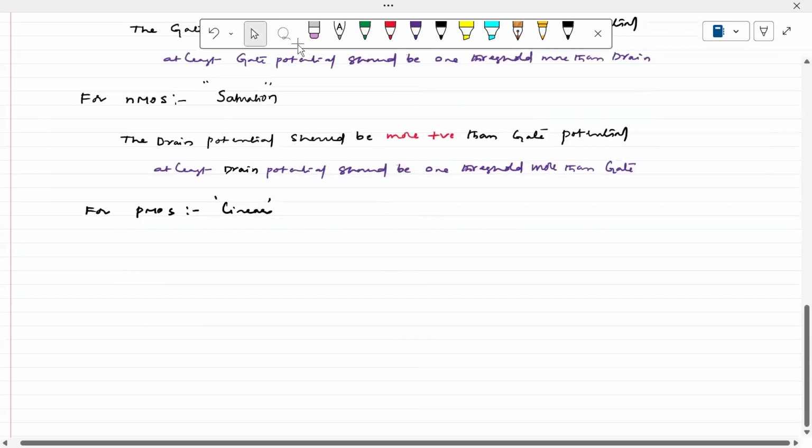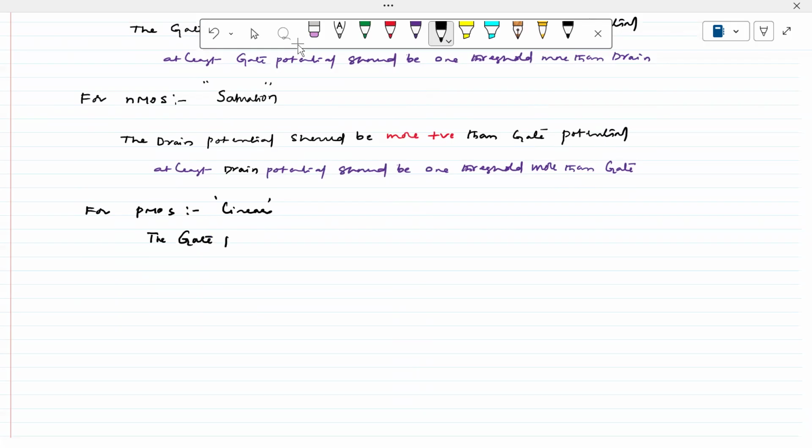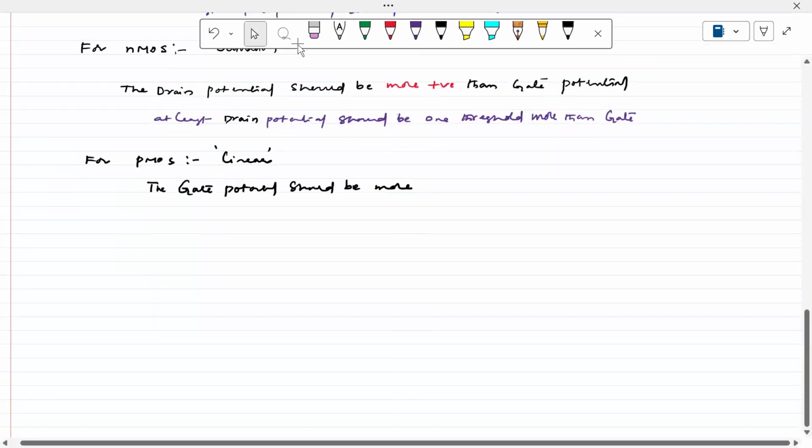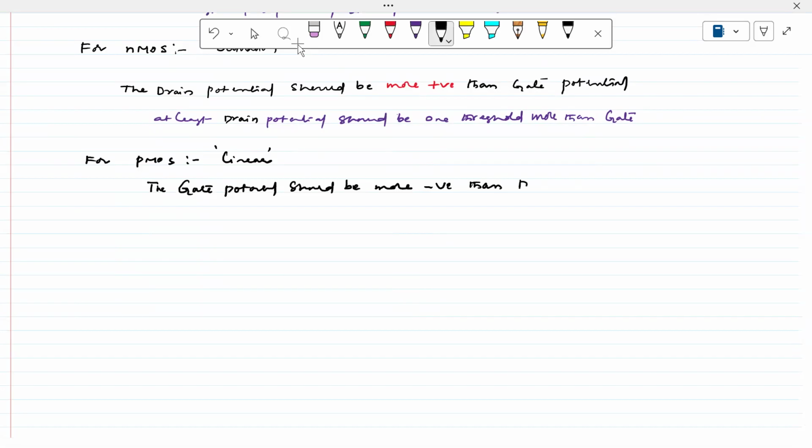The gate potential should be more negative than the drain.